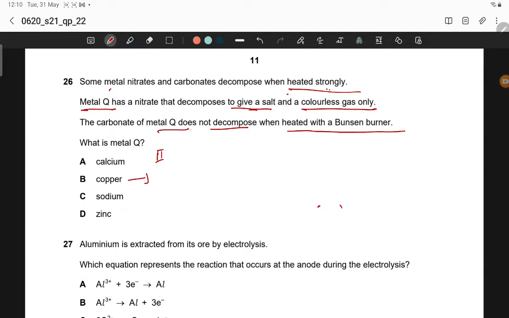Copper, copper nitrate gives copper oxide and two gases, so it is incorrect. Calcium also decomposes. Calcium carbonate can decompose, CaCO3 gives CaO plus CO2, and calcium nitrate gives two gases.